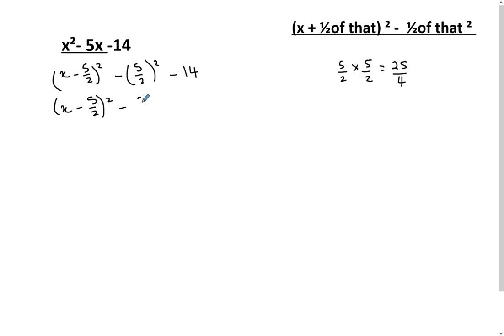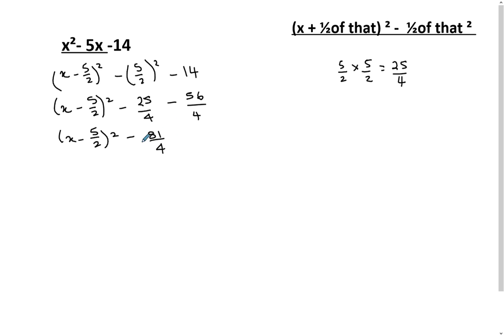So I've got minus 25 over 4, and if I put 14 as quarters as well, then you can see 14 times 4 is 56. Okay, so you've got x minus 5 over 2 all squared, and then minus 25 minus 56 will come to minus 81 quarters.